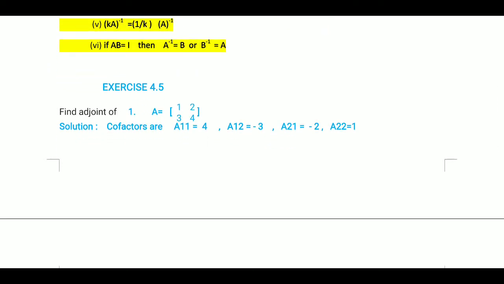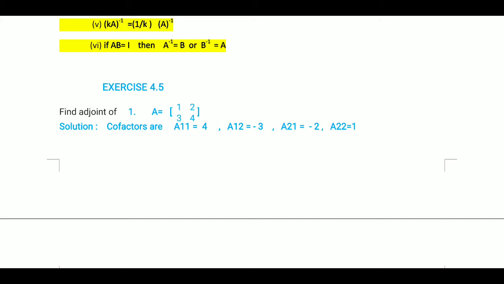Now come to your exercise 4.5, that is, find the adjoint of the first matrix having elements 1, 2, 3, 4. What will be our steps? We will first find the cofactors of each element.